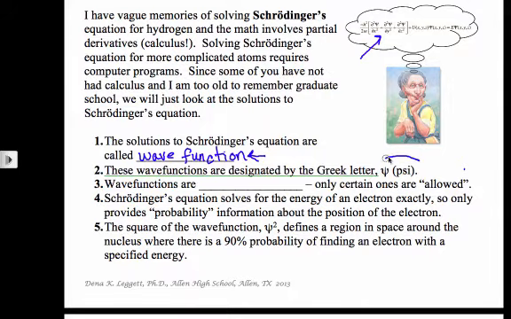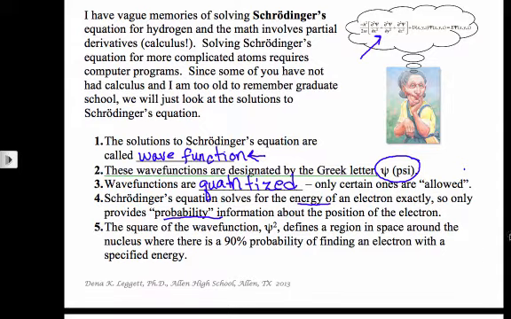A wave function is given the Greek letter psi. Wave functions are quantized. Only certain ones are allowed. Okay, and it solves for the energy exactly, but only gives us a probability about the position. Energy is related to velocity.